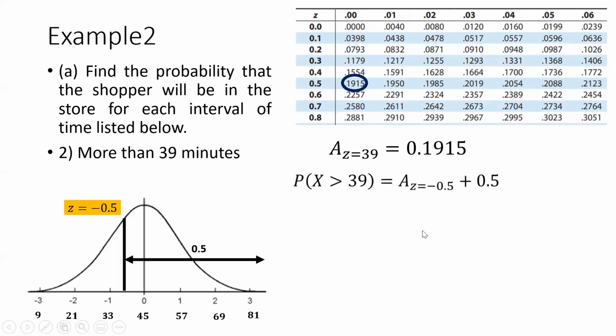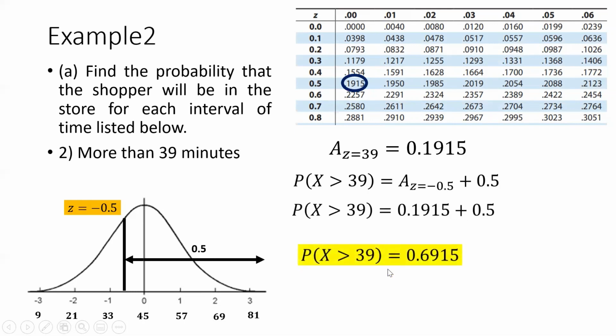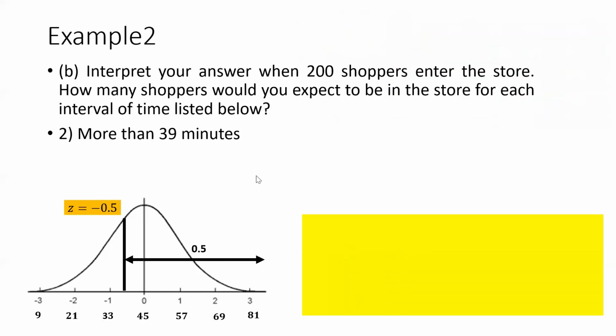So we're going to add the area of negative 0.5 and half of the distribution, which is 0.5. So we have 0.1915 plus 0.5. The sum is equal to 0.6915. So the probability that the shoppers will be in the store for more than 39 minutes is 0.6915, or in percent that is 69.15%.